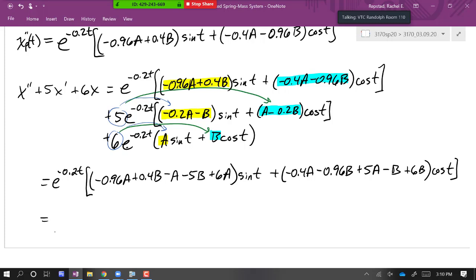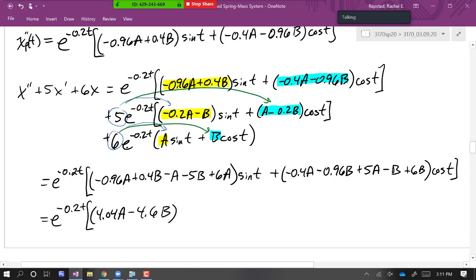Okay. All right. So we have e to the minus 0.2t times, and then negative 0.96 minus a plus 6a. Negative 0.96 minus 1 plus 6 is 4.04, so we have 4.04a. And then negative 5 plus 0.4 is negative 4.6b, times sine t.